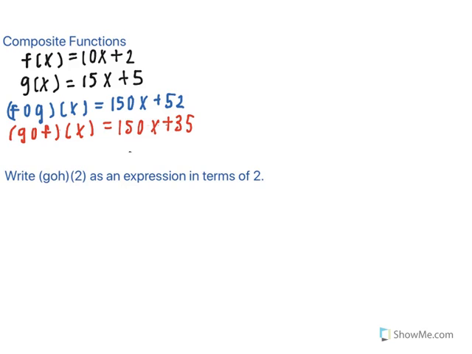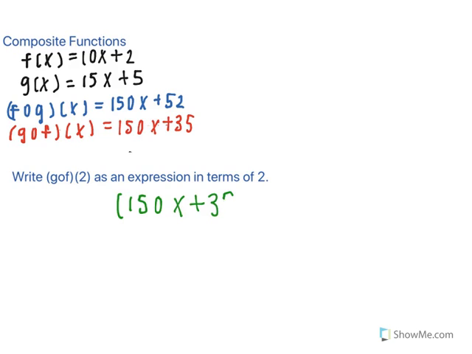Another problem we can solve with these composite functions is write g of h of 2 as an expression in terms of 2. To solve this, we would write 150x plus 35 times 2.